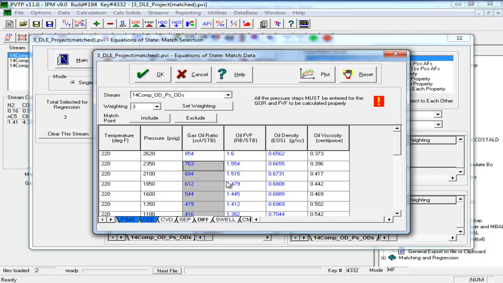But at the end of the day, we have to match all of them. So if the first one is matched, we can go through to the other ones. When you compare them in your Excel sheet and calculate the average absolute error, you are calculating it for all the points.